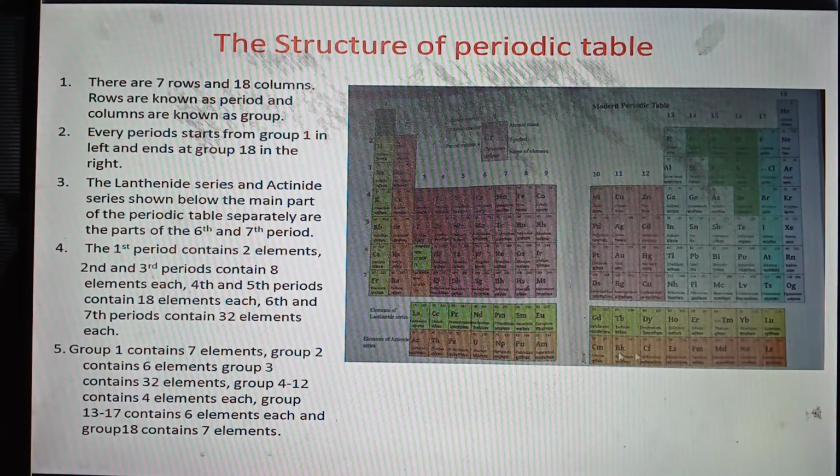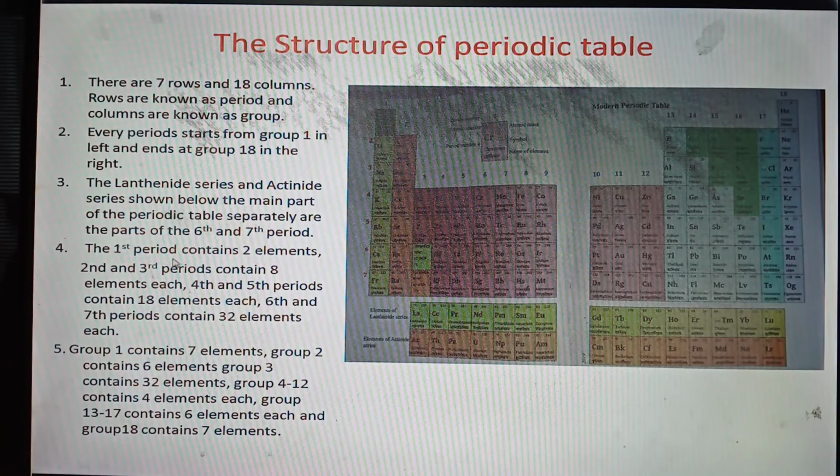So this row is practically the part of the 7th period. The elements of these periods are known as lanthanides, and the elements of this period are known as actinides. So we can say that the lanthanides are the part of the 6th period and actinides are the part of the 7th period.